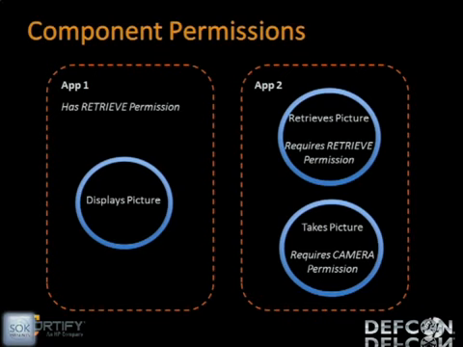The other one takes a picture and it requires the camera permission. And then on the left-hand side we have an application and it has the retrieve permission. So in this example, the displays picture component in application 1 can send an intent to the retrieves picture component because it has the retrieve permission. It can't send the intent to the takes picture component because it doesn't have the camera permission.